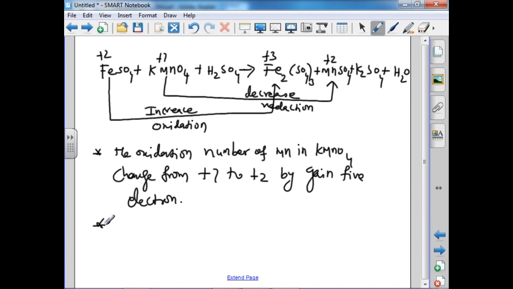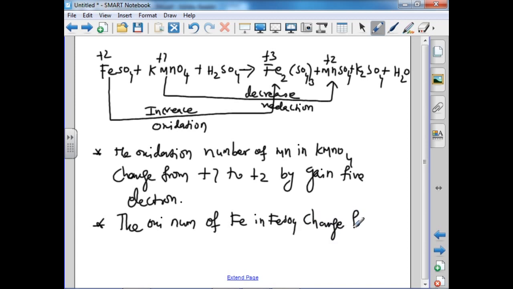The second one, the oxidation number of Fe in FeSO4 changes from plus 2 to plus 3 by losing 1 electron.